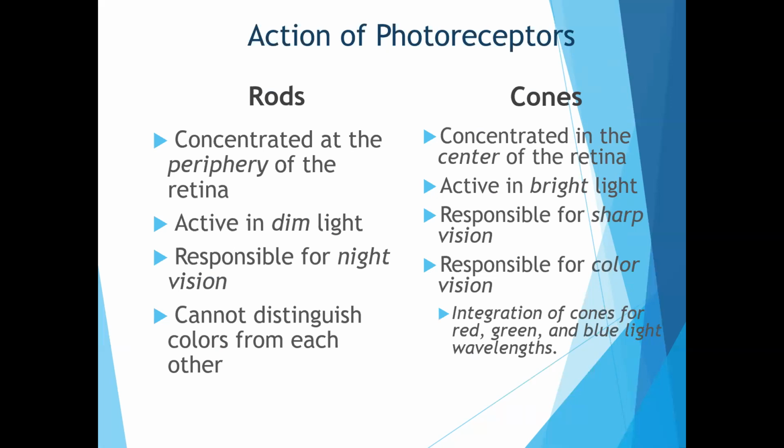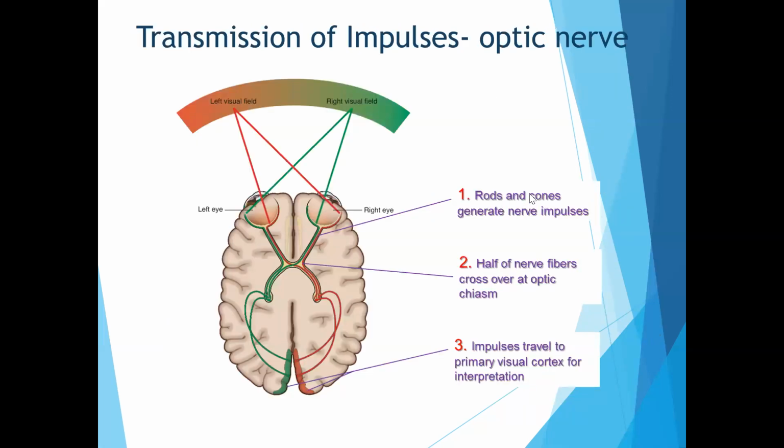Our sharper vision relies on cones. Color vision relies on cones. And actual integration of colors is related to cones. So people that are colorblind have a deficiency in how their cones integrate color. So this kind of talks about how our vision impulses actually cross sides, but this is a little unnecessary for you guys to worry about right now.